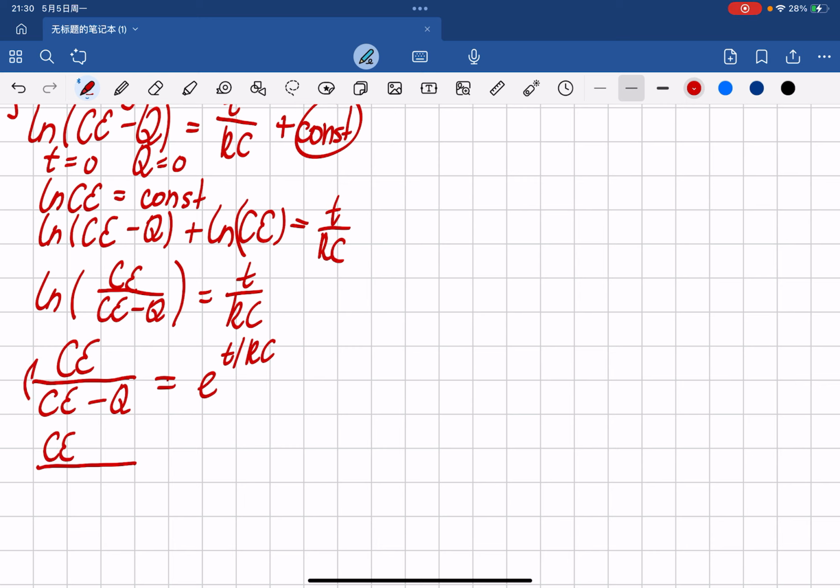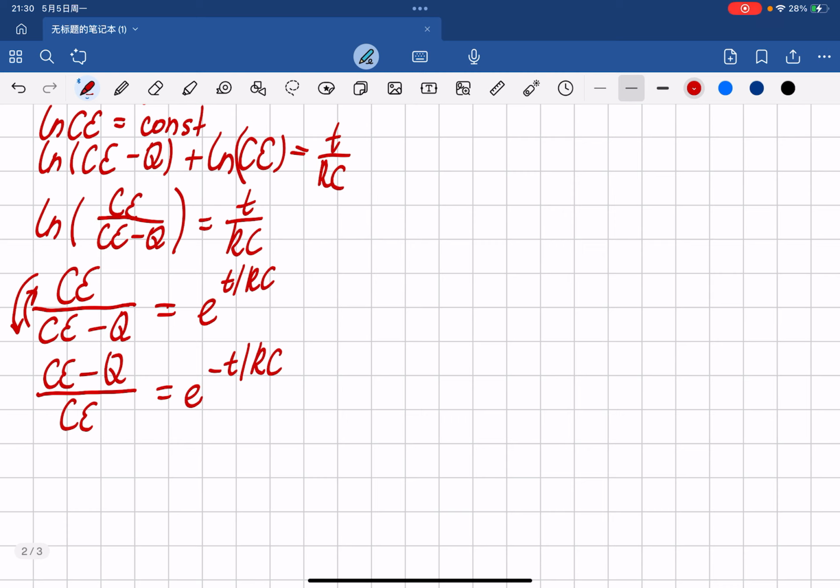So CE minus q over CE will be e to the minus t over RC. We divide by CE, each of them, and there will be 1 minus q over CE equal to the same thing.